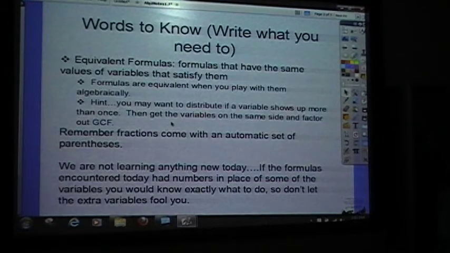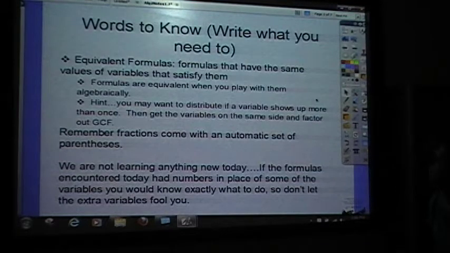Okay, words to know. Equivalent formulas are formulas that have the same values of variables that satisfy them. Basically, formulas are equivalent when you play around with them algebraically following legal rules.